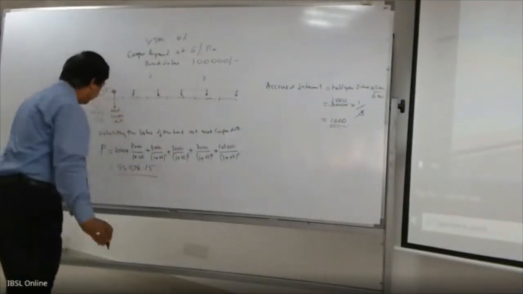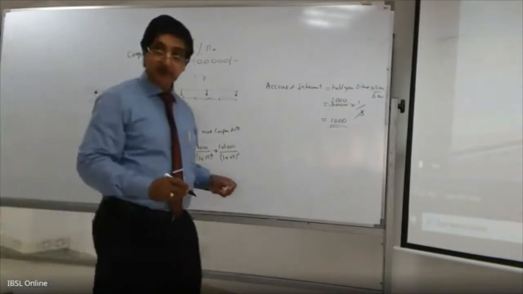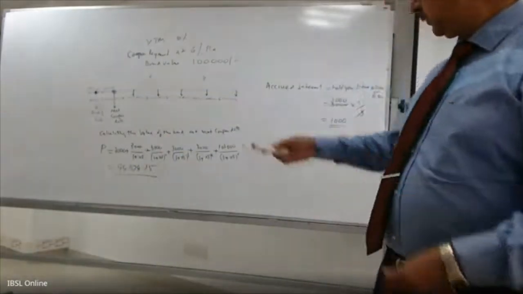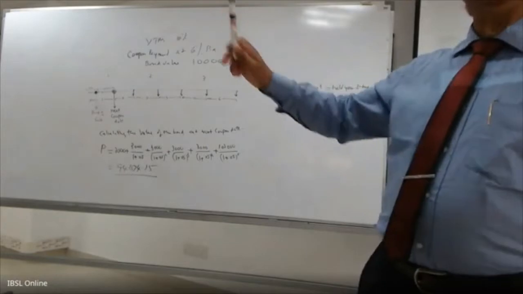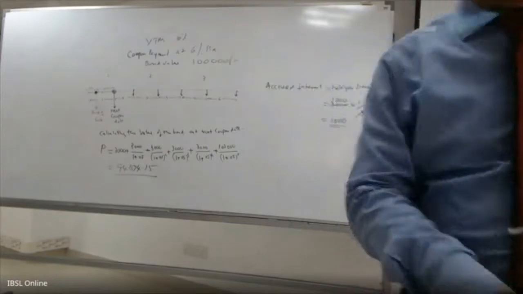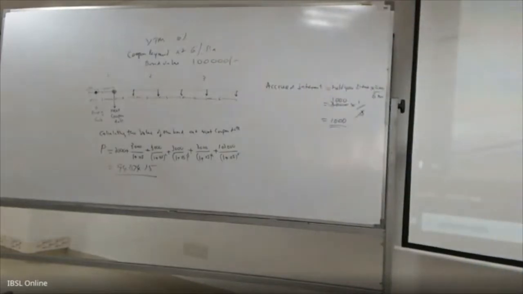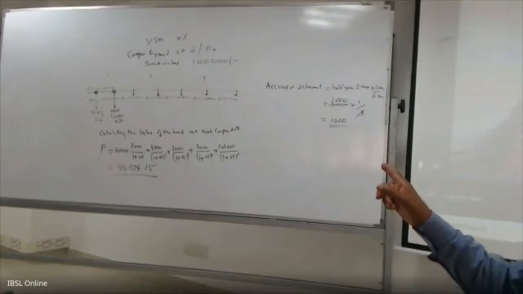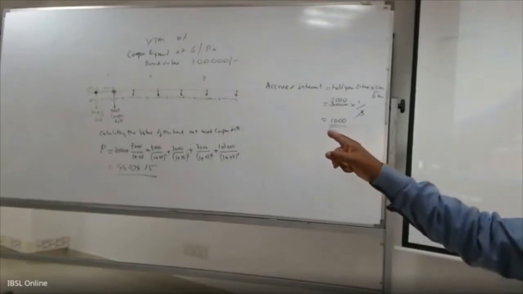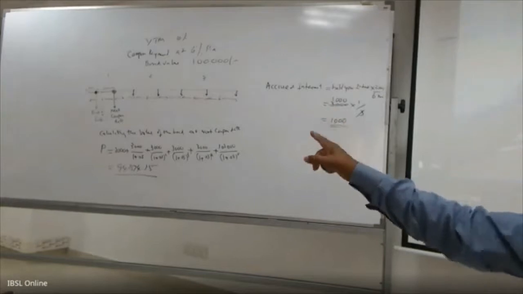Now this is the price of the bond at the next coupon date. Now what happens is, even though we put it that way, what we need is to get the price at the point of sale.